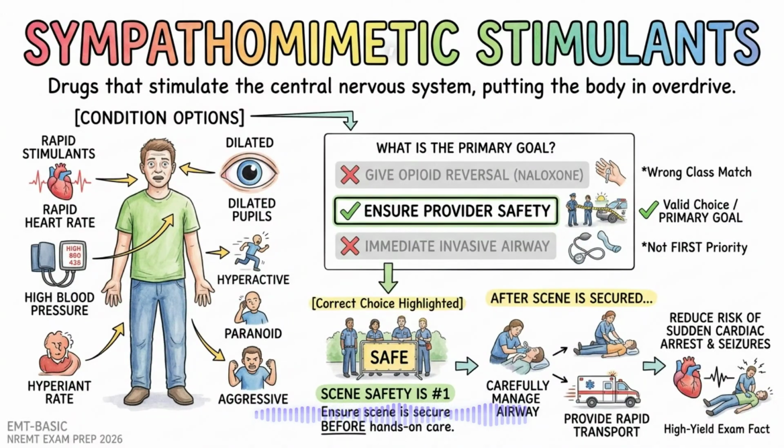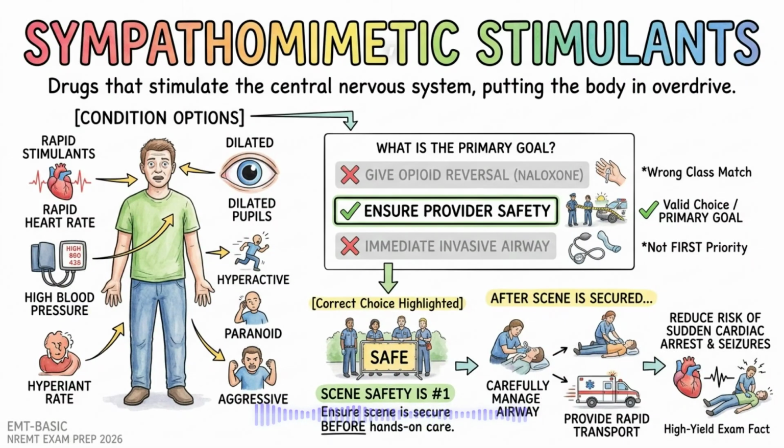Unlike opioids, which depress the central nervous system, sympathomimetics are stimulants that send the body into overdrive. Drugs in this category include cocaine, methamphetamine, and ecstasy.